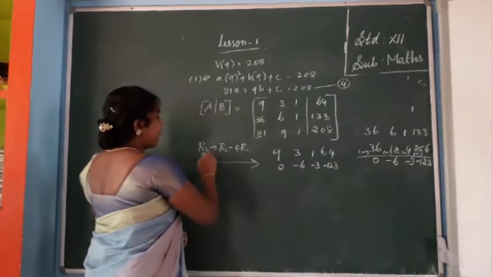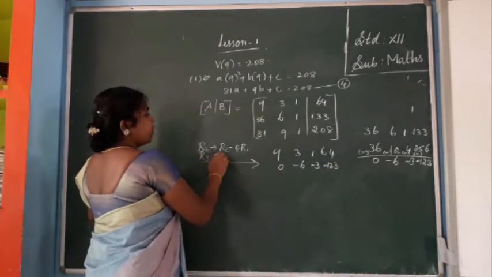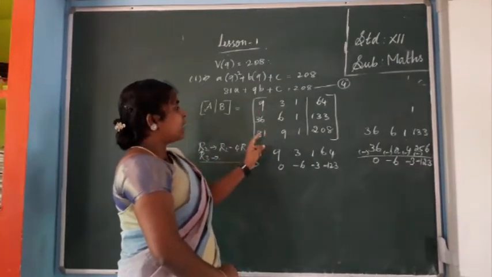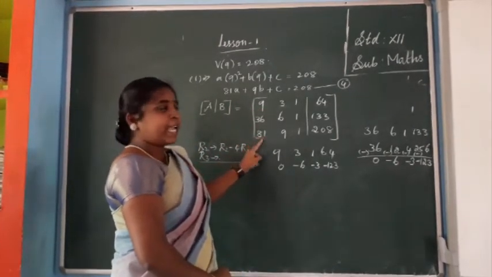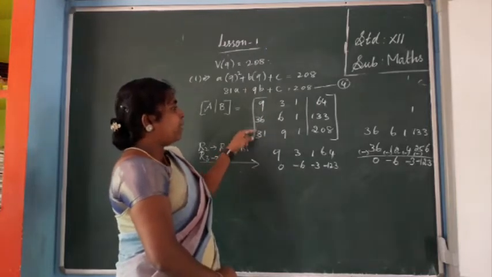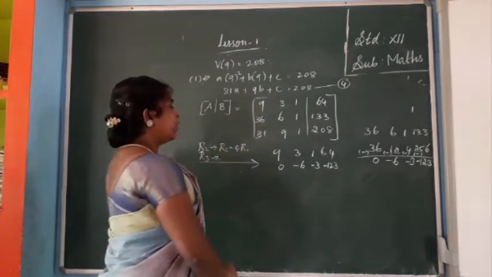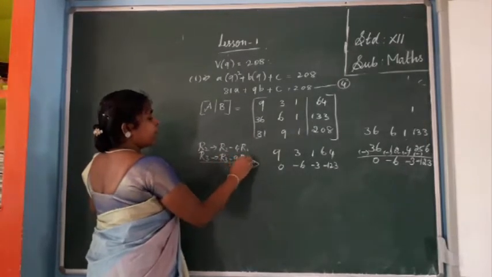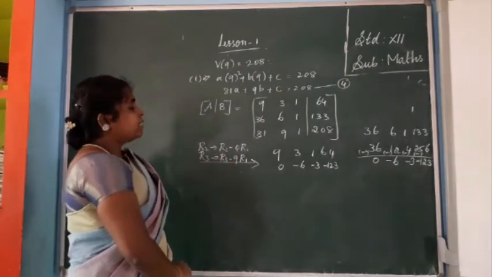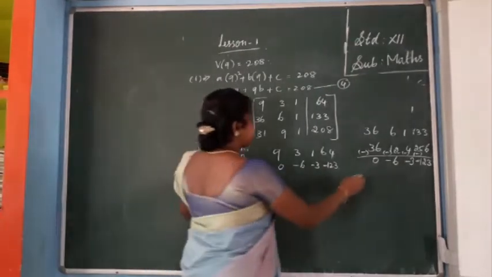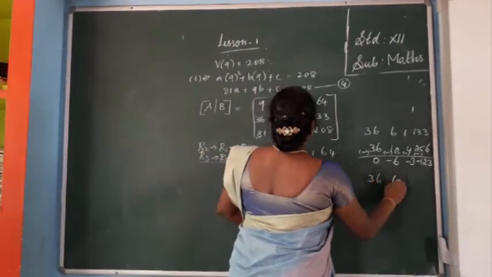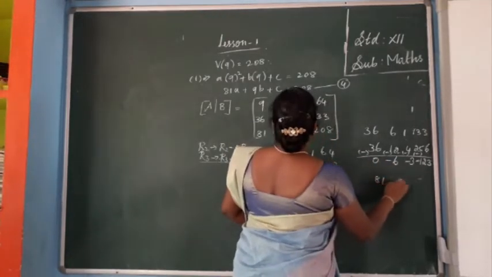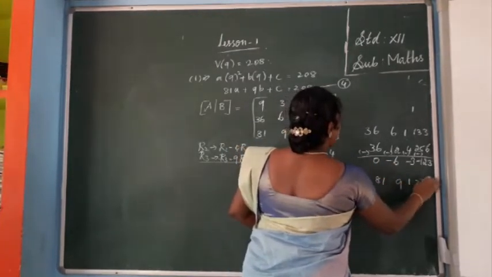Next, R3, what can we do? If we multiply 9 by 9, 9 9s are 81. So I am going to multiply R1 by 9. So R3 gives R3 minus 9R1. R3 is 81, 9, 1, 208.